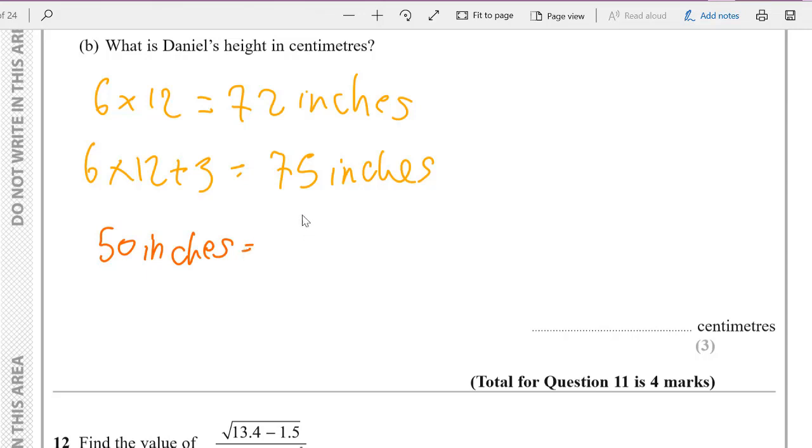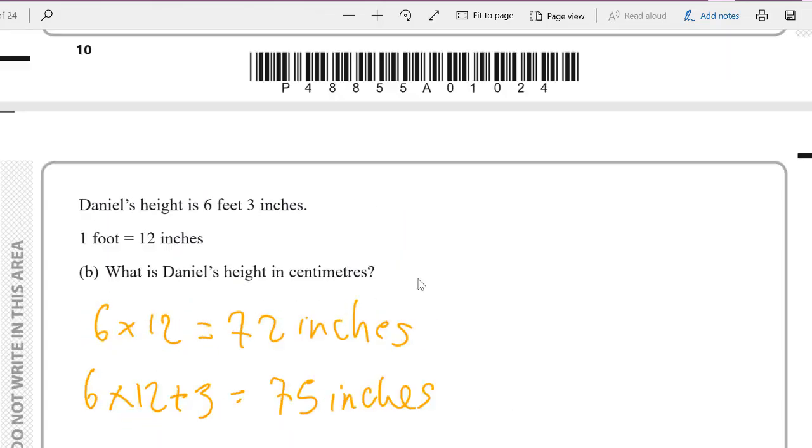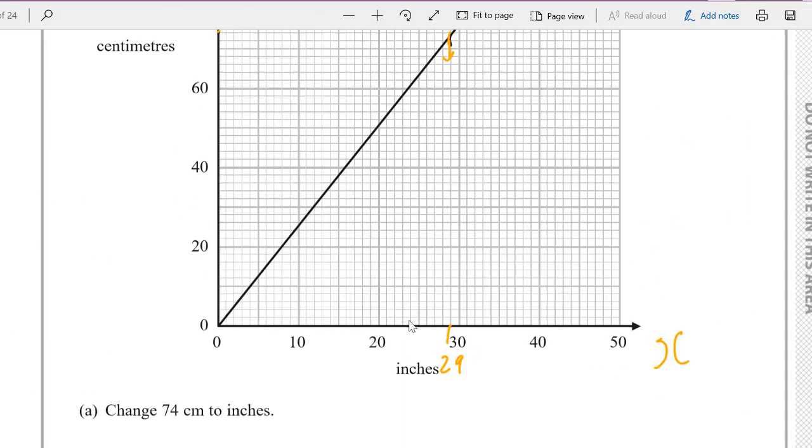So 50 inches equals 127, and then 25 inches, which together make up the 75, we just go back up. So again, this is 25 inches, go all the way up here, and again, it's about halfway through.